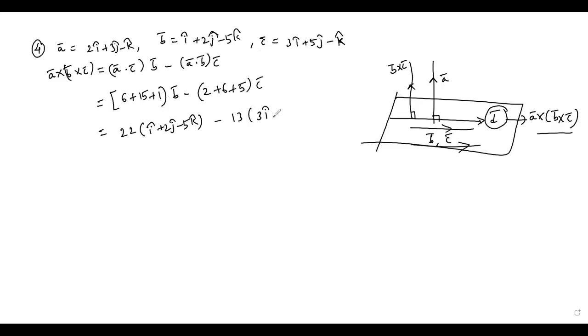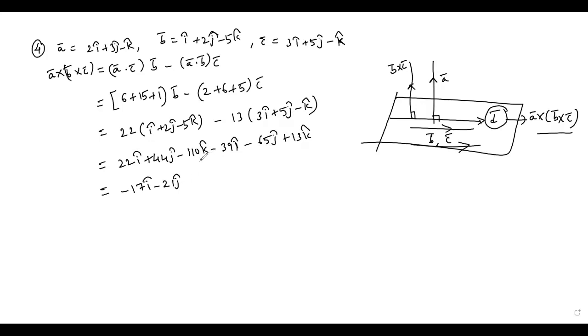What is C bar? 3i plus 5j minus k. 22 multiplied inside: 22i plus 44j minus 110k, minus 39i minus 65j plus 13k. 22 minus 39, that is clearly minus 17i. 44 minus 65, that is clearly how much?